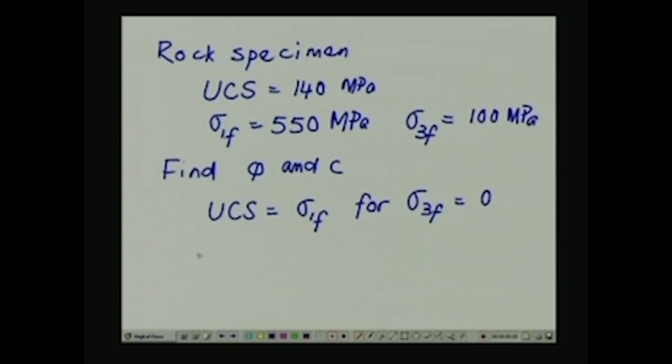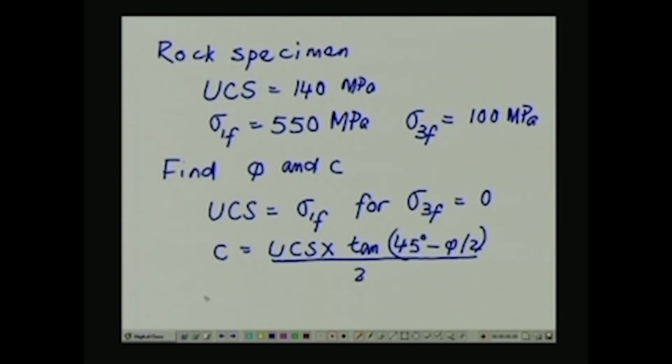If you note that, then you could write C is equal to UCS, unconfined compressive strength, multiplied by tan of (45 degree minus phi by 2) divided by 2, and from that we get tan of (45 degree minus phi by 2) is equal to 2C divided by UCS. Remember this relationship, and I am going to erase everything on this tablet.